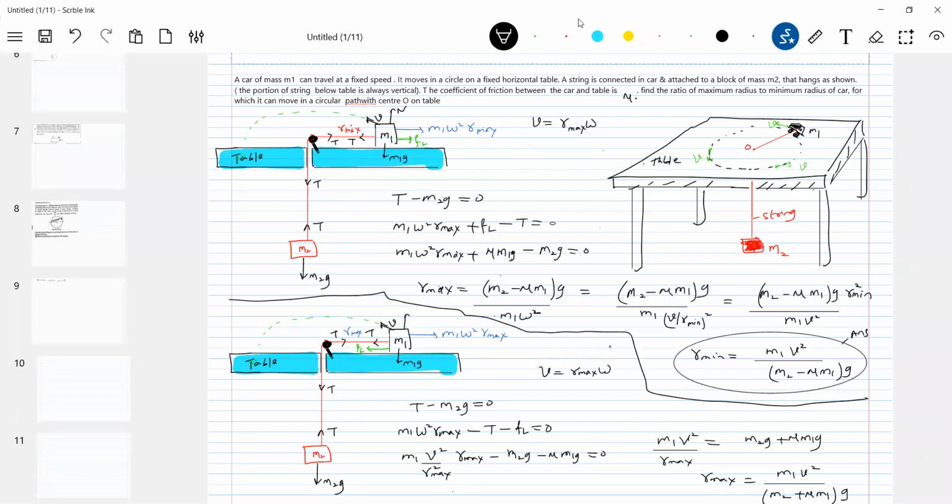This should have been R max. Initially, if it flashes for you, okay, fine, well and good. But nothing wrong. In the end, you look at the mathematics and at least you have to make correction here.